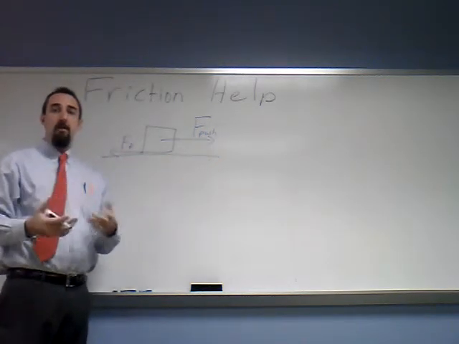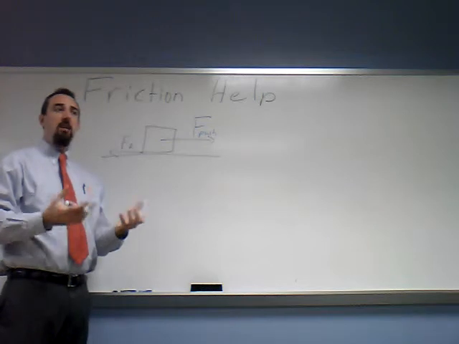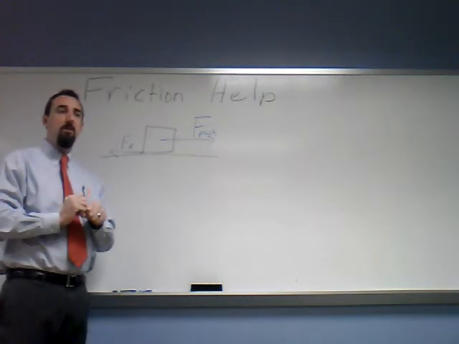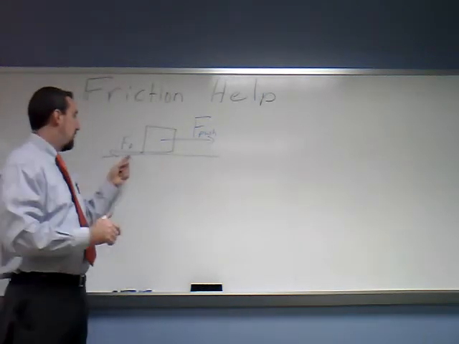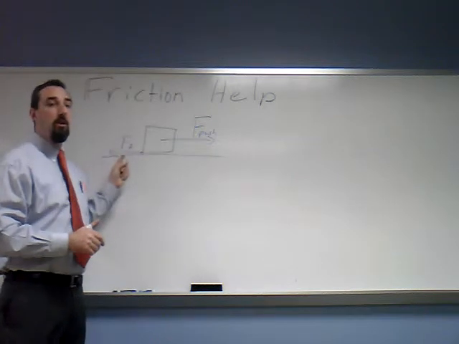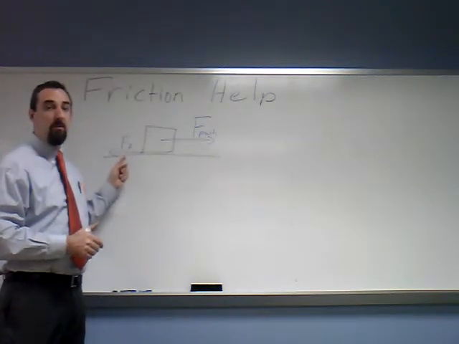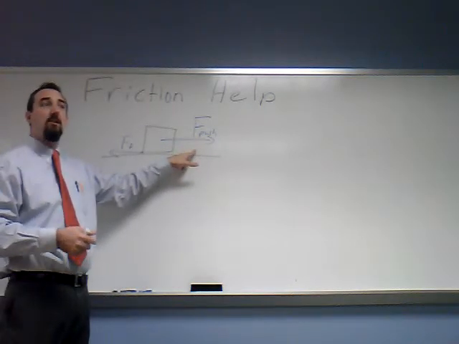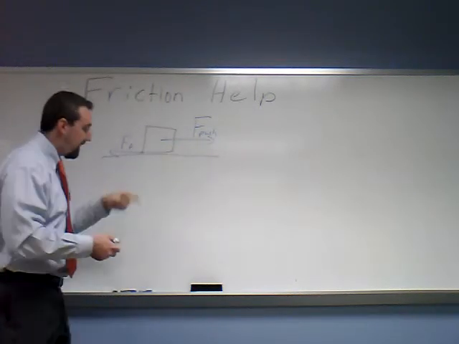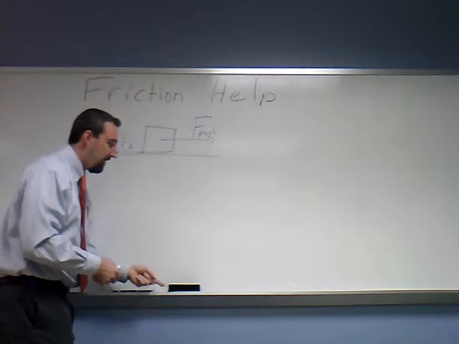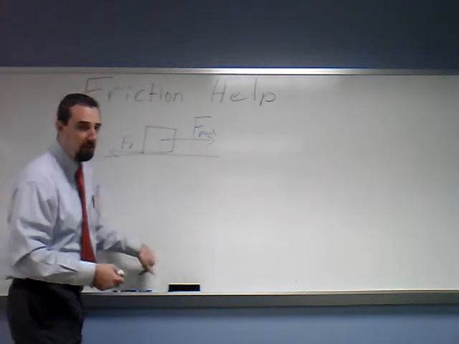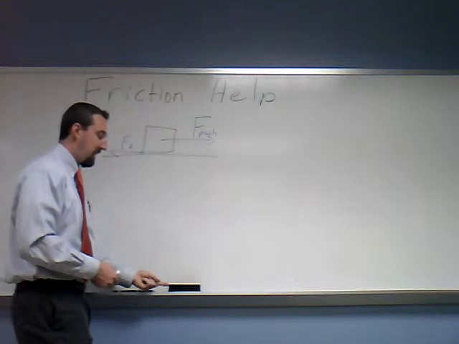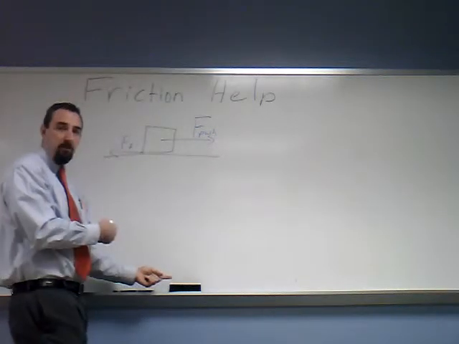Now, the neat thing about friction too is it can change how much it's pushing. So let's say there was enough friction here that it could push 1,000 newtons, which would be a lot. I would have to push at least 1,000 newtons to get that. If I started pushing on this eraser, and friction could push 1,000 newtons backwards, and I started pushing 10 forward, it's not going to take off this way.